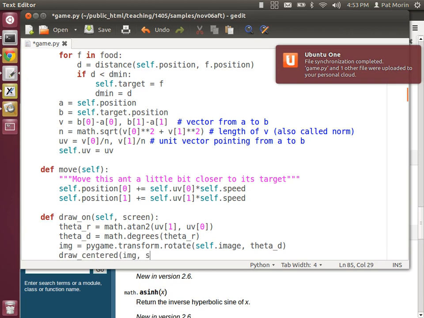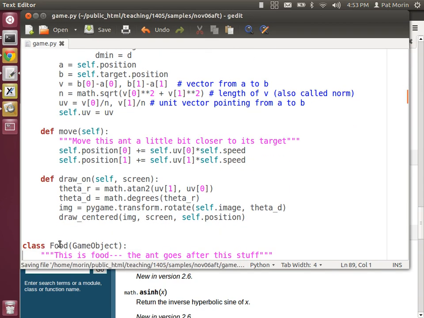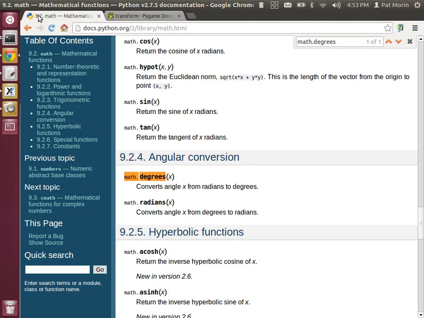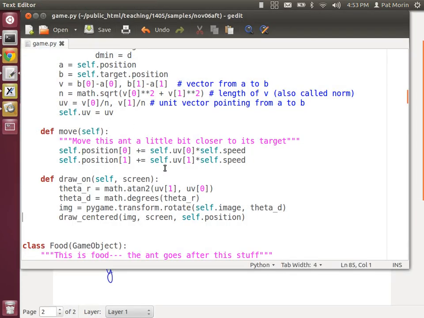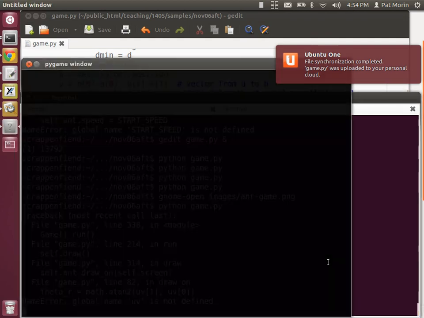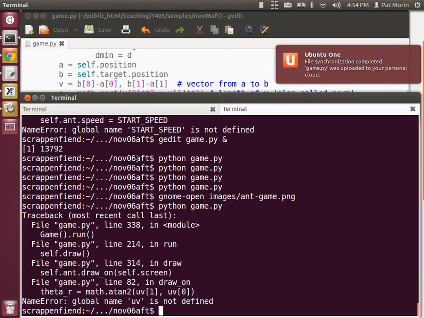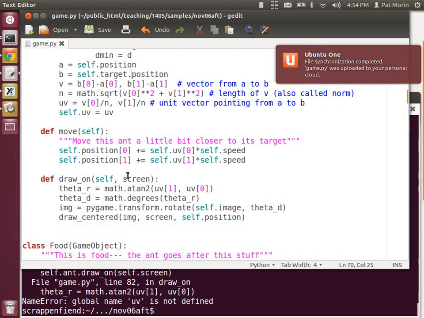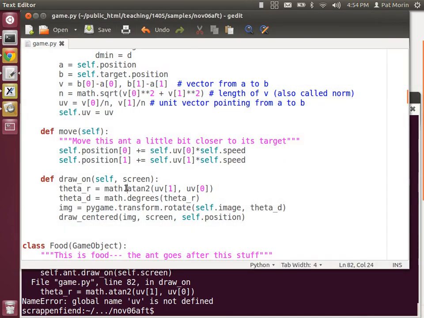So set the image and then say draw centered. We want to draw the image on the screen at the current position. So is that going to work? We thought very hard about it, so it should be fine, right? Let's try.